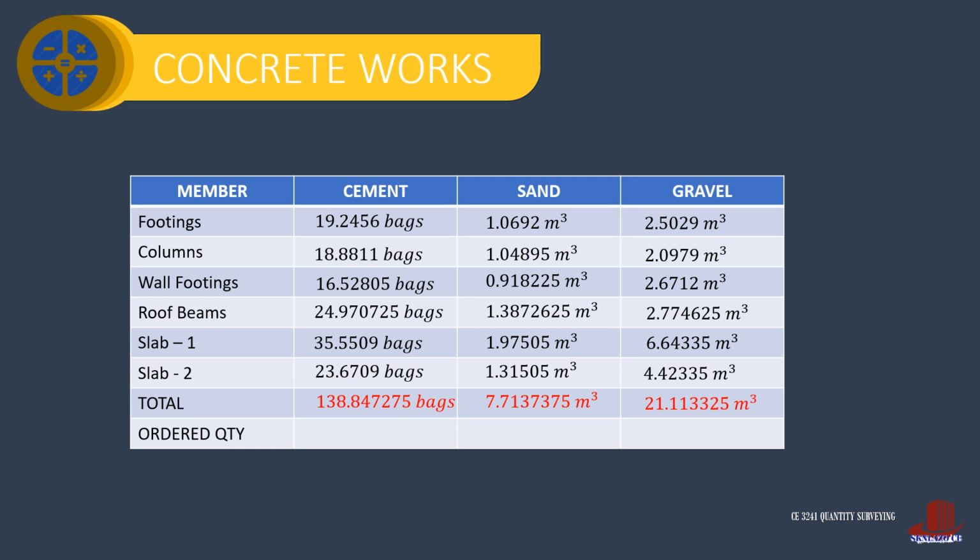Then we round off total quantities, giving 139 bags of cement, 8 cubic meters of river sand, and 21.5 cubic meters of 3/4 inch gravel.